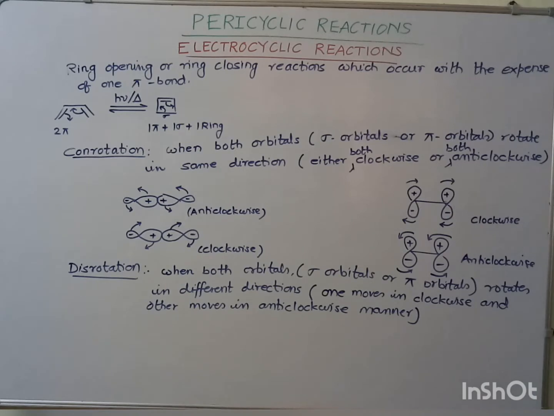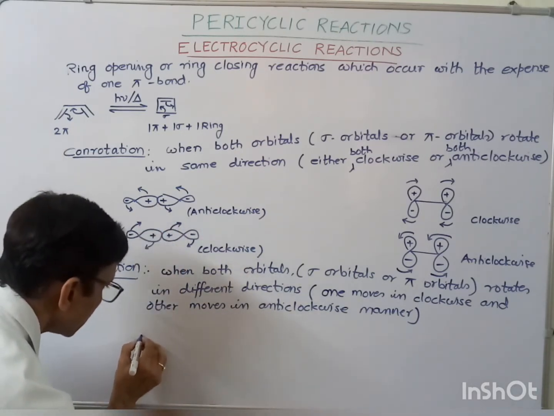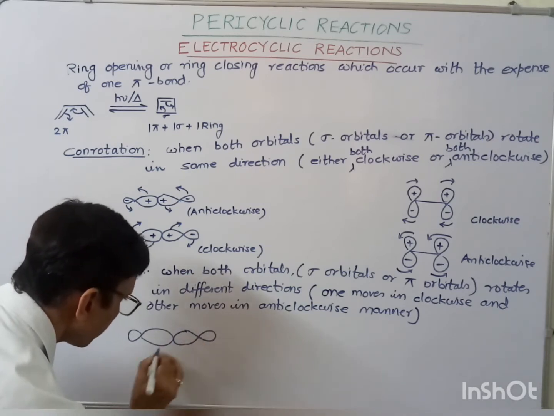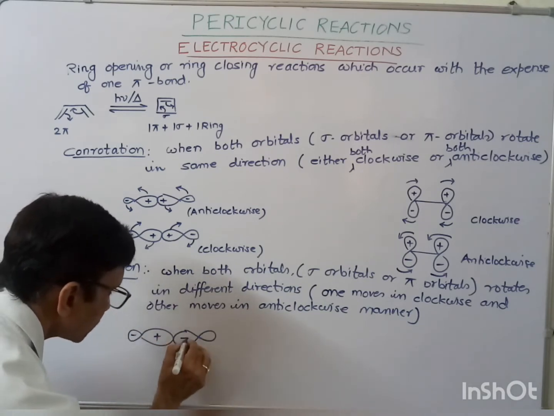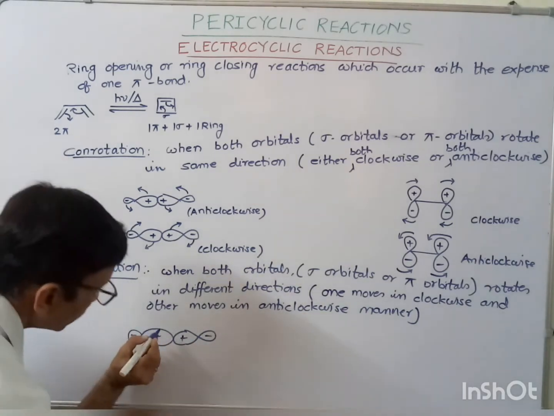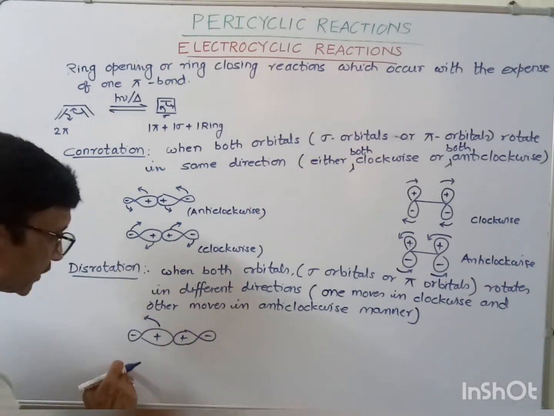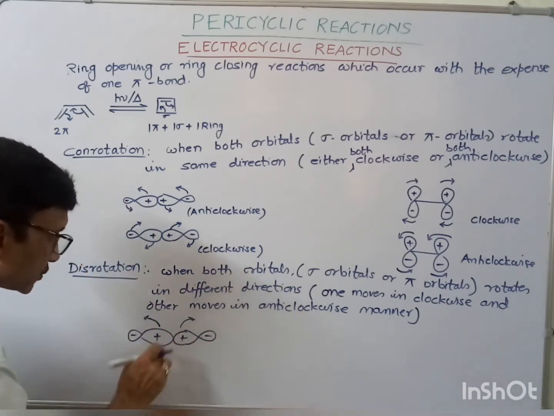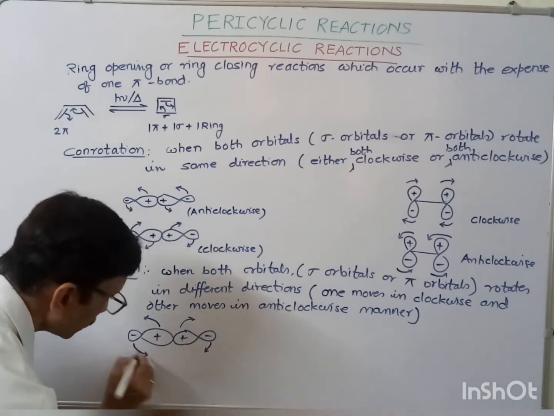Now, if you see an example of this disrotation, suppose in this case for a sigma orbital, this is plus minus. So if one moves in an anti-clockwise manner, this will move in a clockwise manner like this. This is anti-clockwise, this is clockwise. So this lobe will come here and this lobe will go over here.